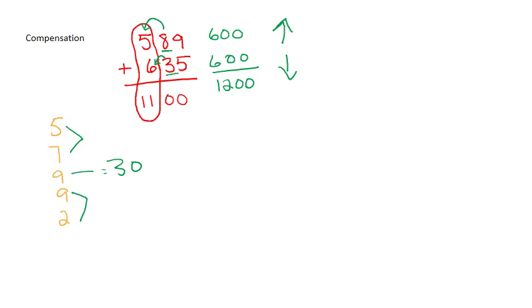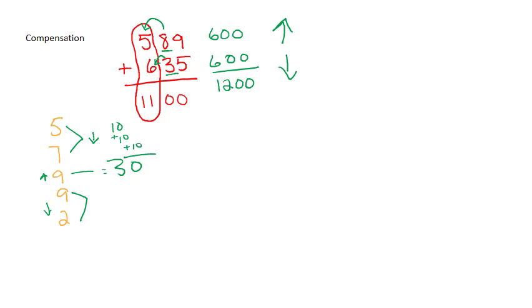Okay, so I rounded 5 and 7 down to 10. I rounded the 9 up to 10, and I rounded this 11 down to 10. And then I did 10 plus 10 plus 10 gave me the 30.